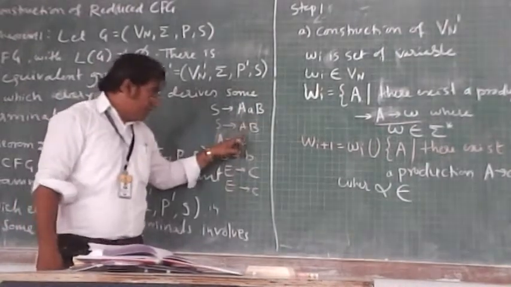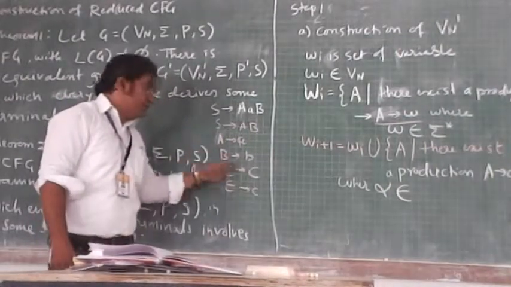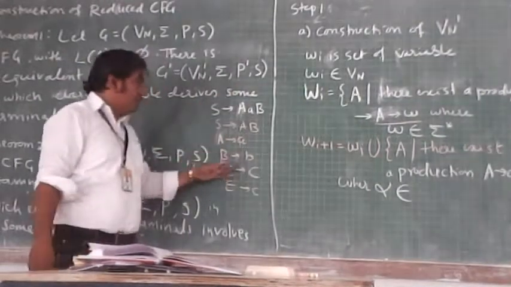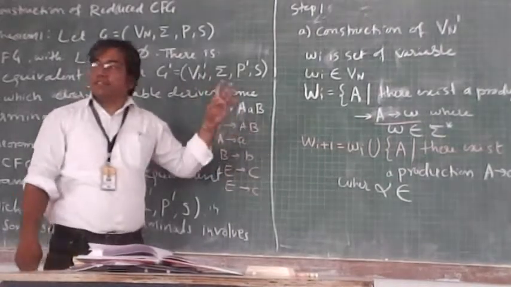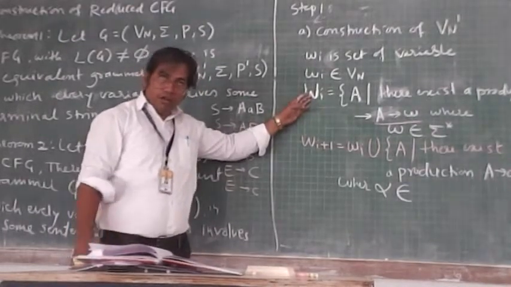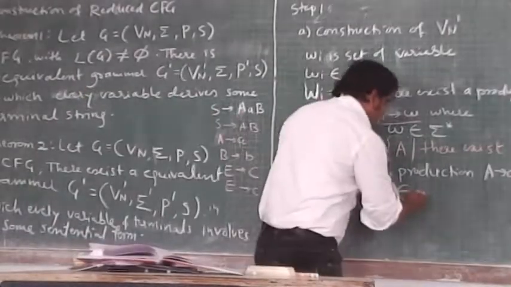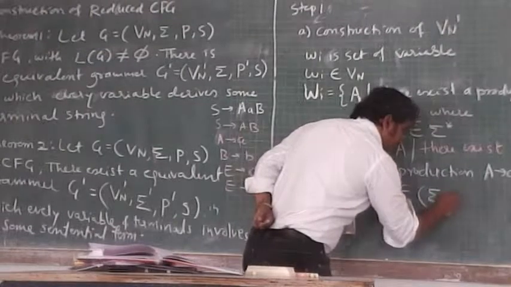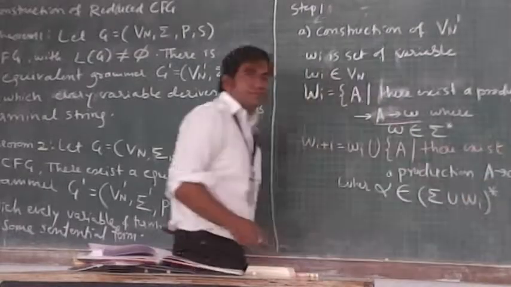So I should not only say 0 or more than 0 combinations of variables at the right hand side of the production. I should say 0 or more than 0 combinations of variables which I received in the previous step along with the terminals. So that is why alpha here I can consider as a combination of union sigma, W i, star.